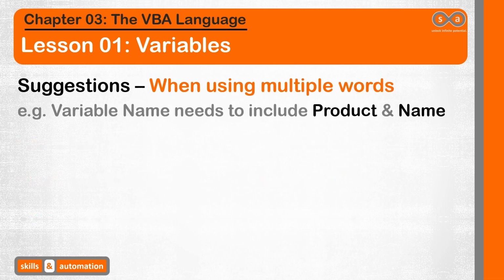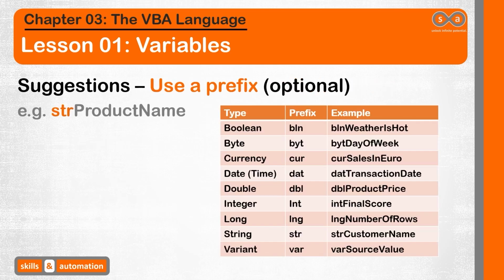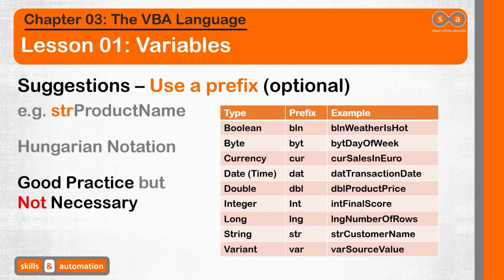To separate 2 words in a variable, we can use underscore or camel case. We can prefix the variable name with an abbreviation that indicates the data type. For example, adding str in front of product name, where str represents string or text data. This style is called Hungarian notation. It's a good practice, but not necessary.